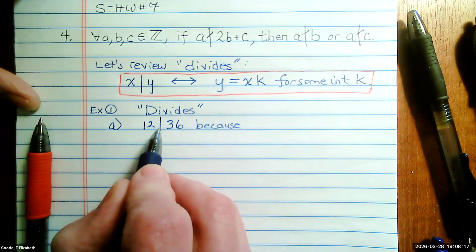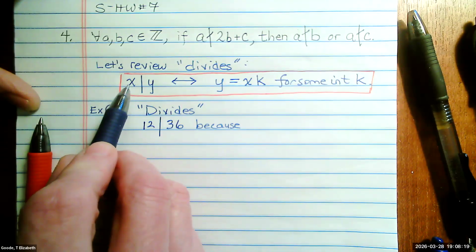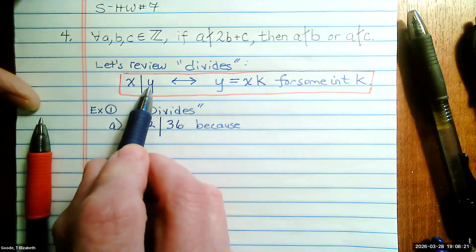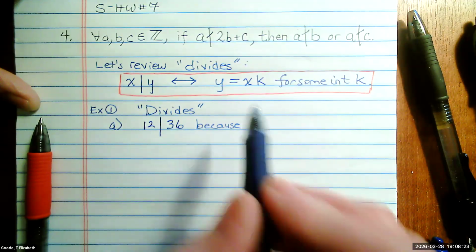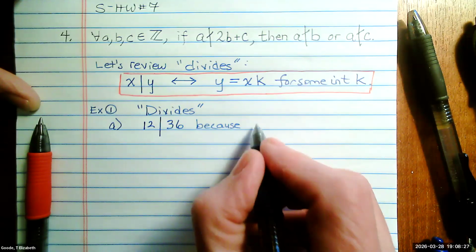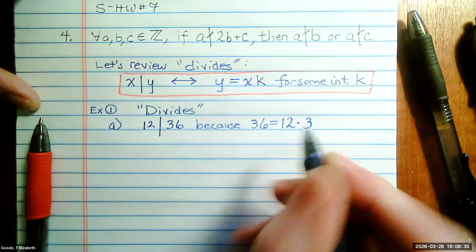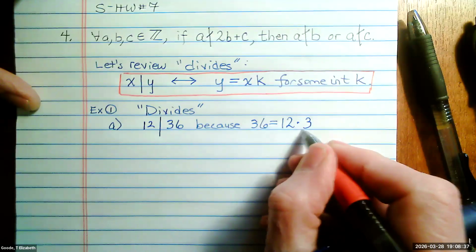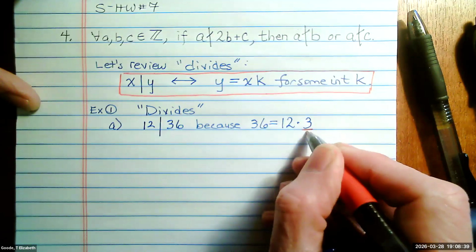So you help me. I claim 12 divides 36. So the X is 12, the Y is 36 because, and now you tell me what equation to write. Because 36 equals 12 times 3. Perfect. And do you see how 3 is playing the role of the K here? Yes. Great.